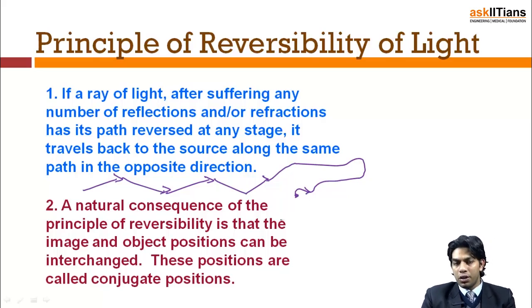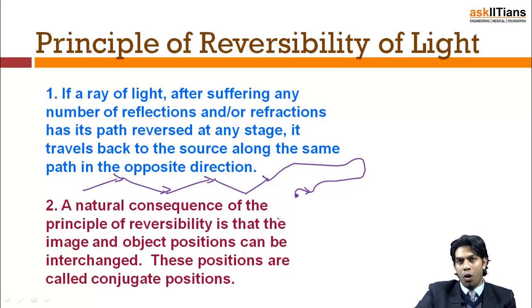A natural consequence of the principle of reversibility is that the image and the object positions are interchanged. These positions are called conjugate positions. Now the weird part is when the light is retracing its path, that is, light coming from, let's say, the tip of my nose and going all the way to a particular point where it undergoes total reversibility of light. From that point onwards, the light again retraces the path and reaches the same tip of my nose where the source was.